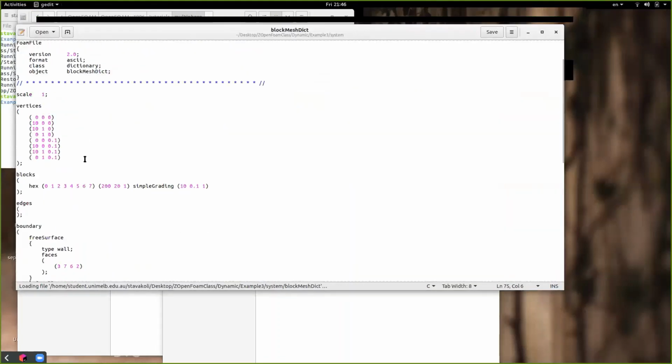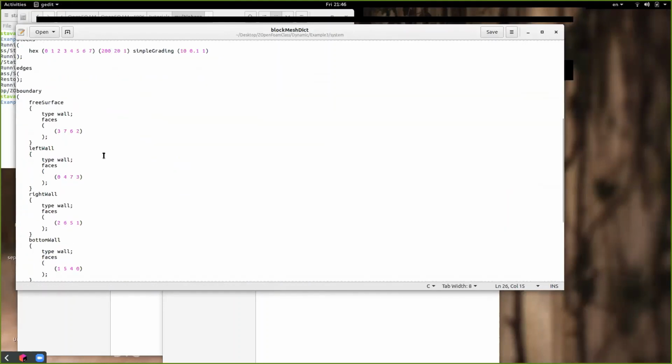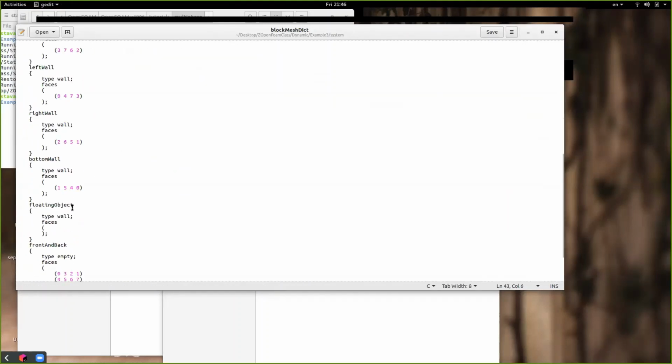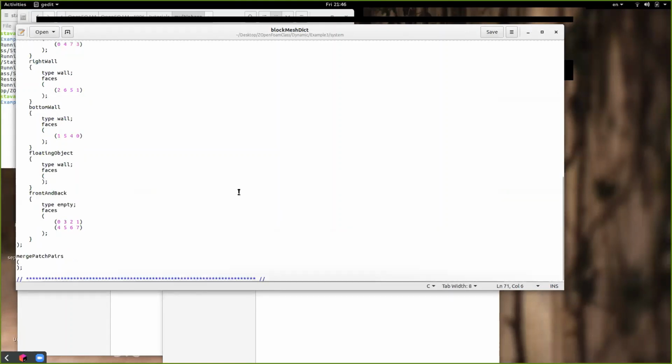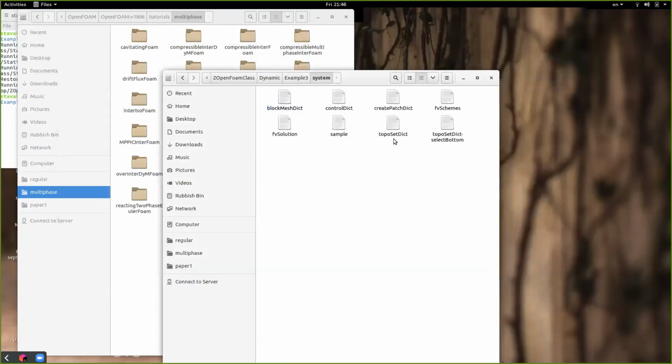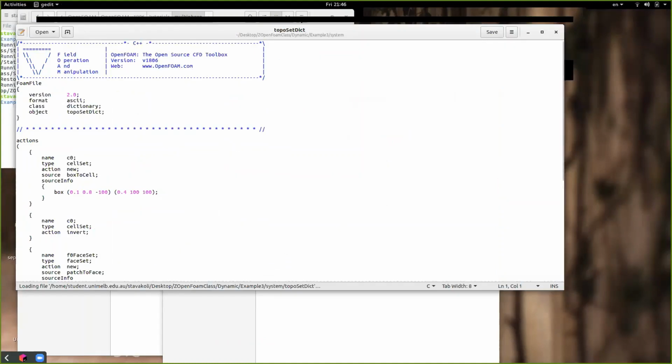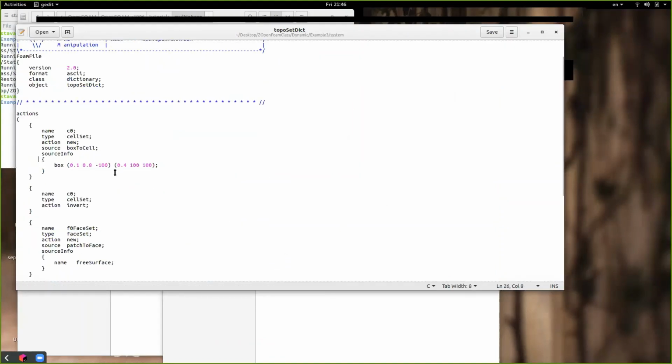You see, it's again the same domain. And you've got the free surface boundary, the floating object boundary, the bottom wall, and the right wall and the left wall boundary. And again, you have the topoSet directory that excludes the box, the floating object, from the domain.